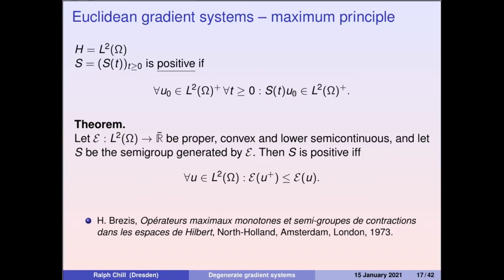There are already quite early results by Brezis and also Pazy. But you can find these results in the book again, that one can characterize positivity just by showing an inequality: if the energy of the positive part of some element is smaller than the energy of u, then the semigroup is positive. And actually this is if and only if.